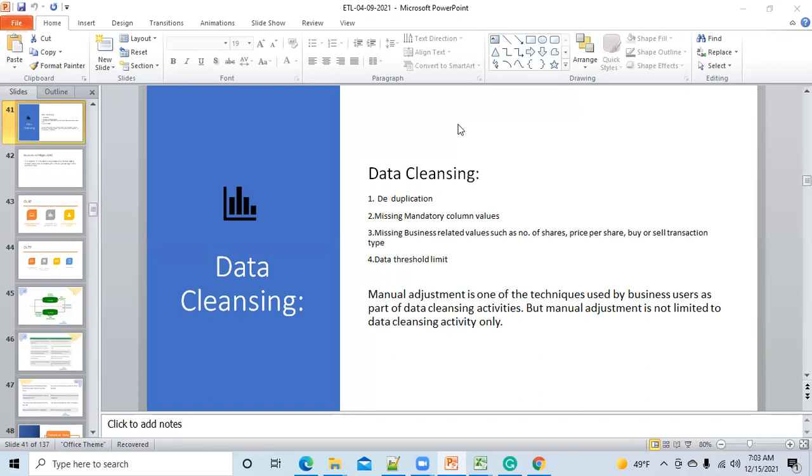So before loading data in staging, you should do the data cleansing activity. A few of these activities are deduplication of duplicates, missing mandatory column values, missing business related values, such as number of shares, price per share, buyers and transaction, and data threshold limit. Data threshold limit is the same as variance, which we discussed yesterday.